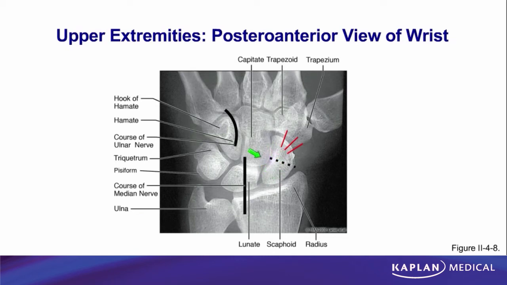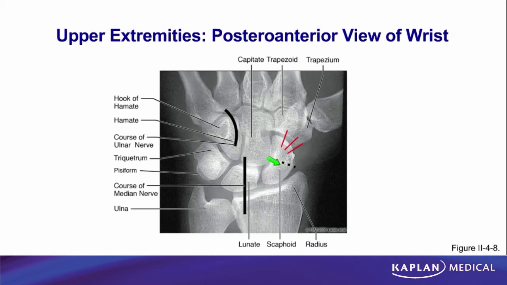So if you fracture across here, you're separating the proximal head of the scaphoid from its blood supply, which puts the proximal head at risk of avascular necrosis. And so that's a really important clinical sequelae you need to be aware of.